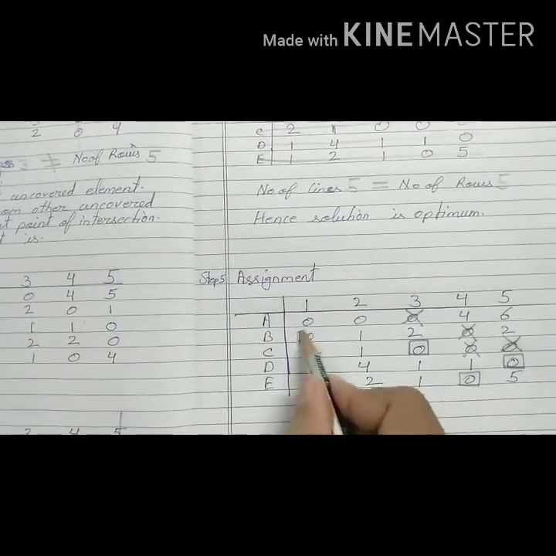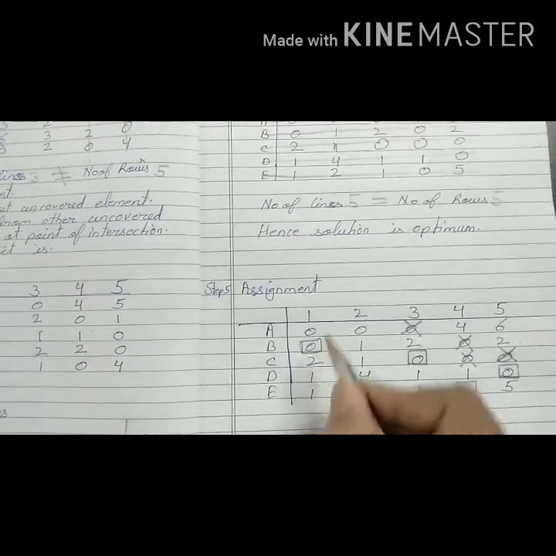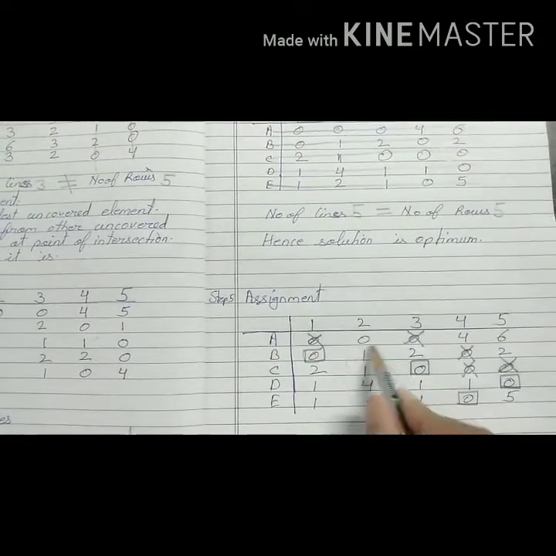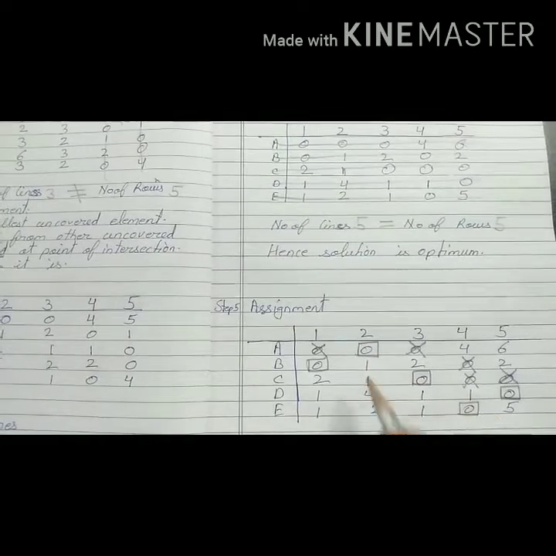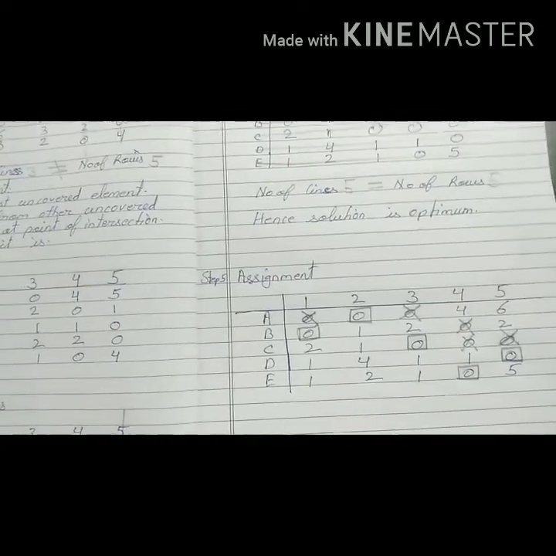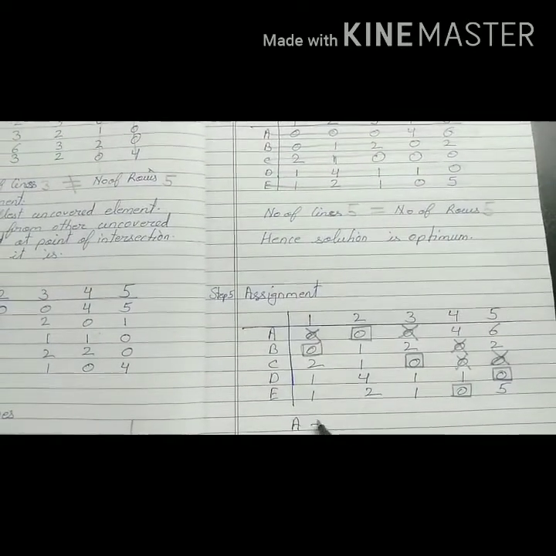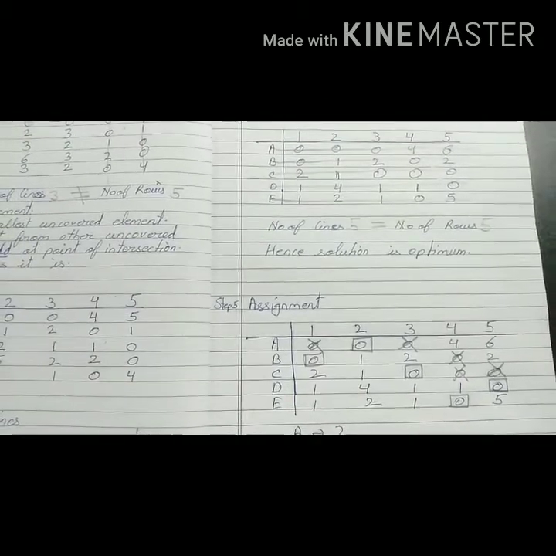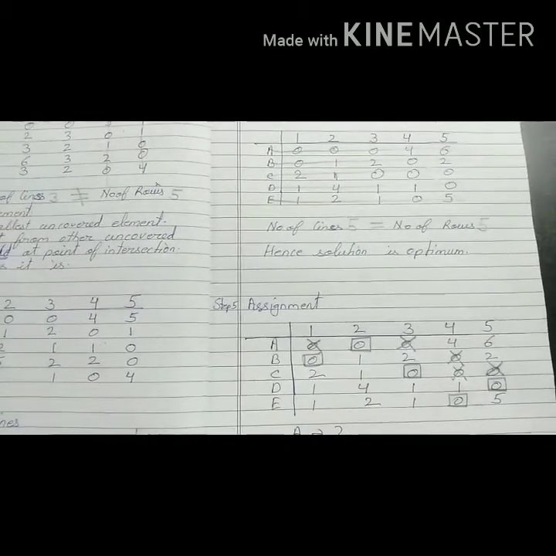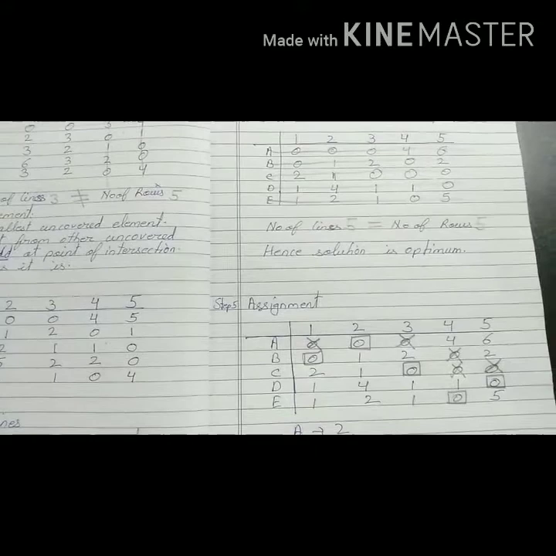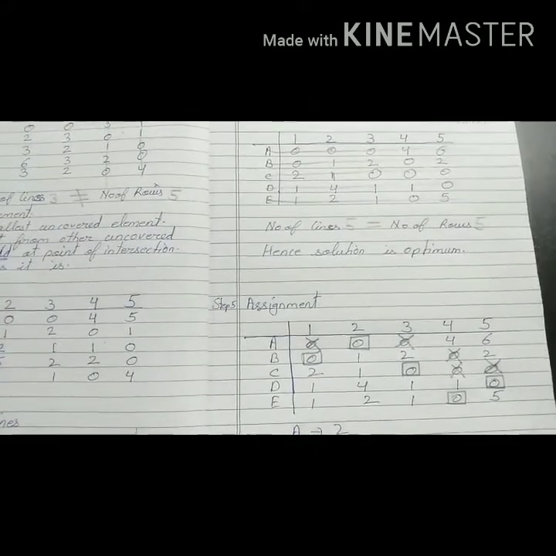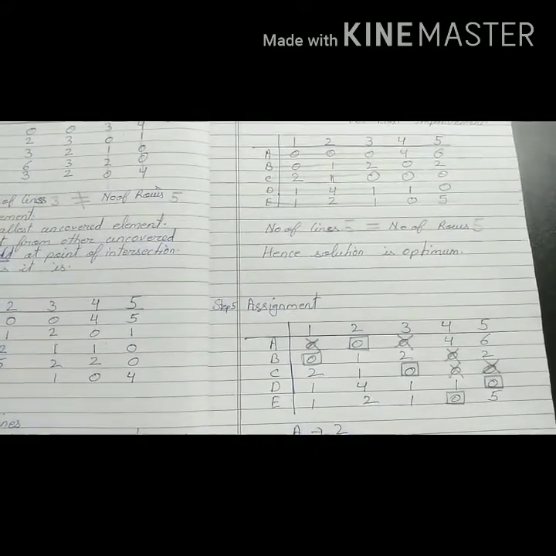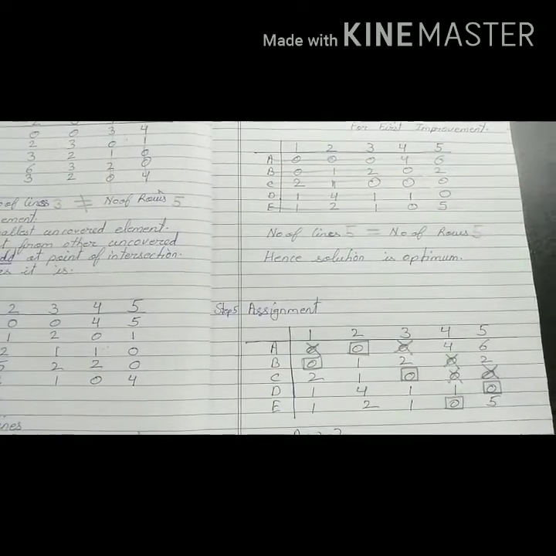Yeah, one zero is there in column B. Again cut this. Now only one zero is remaining. Yes. Now the assignment is A is assigned to 2, B is assigned to 1, C is assigned to 3, D is assigned to 5, E is assigned to 4.